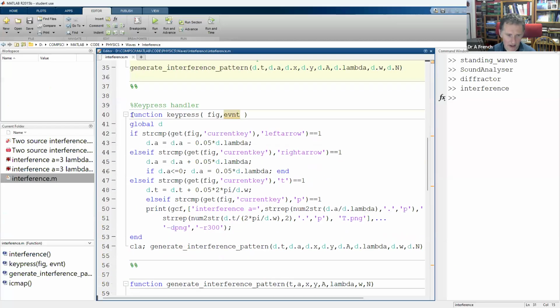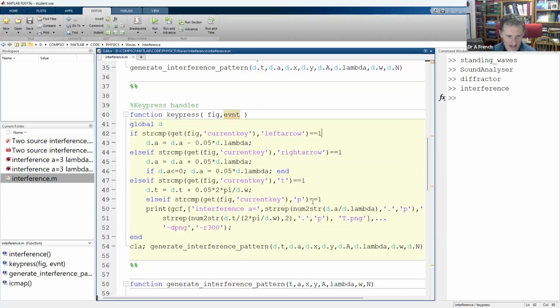It gets all the details about my plots, which are in this array D, and this bit of code says, what's the current key for my figure? If it's the left arrow, I increment my spacing by 5% of my wavelength. Right arrow, I make it larger, etc.